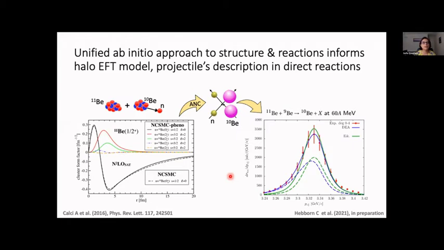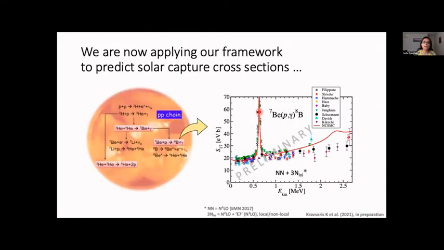So I see that I'm running out of time, perhaps. So I will just be quick, and say that we are now applying this framework to predict the solar physics cross section and the beryllium-7 p gamma cross section that I mentioned at the beginning. Here are some preliminary results that are looking very promising.